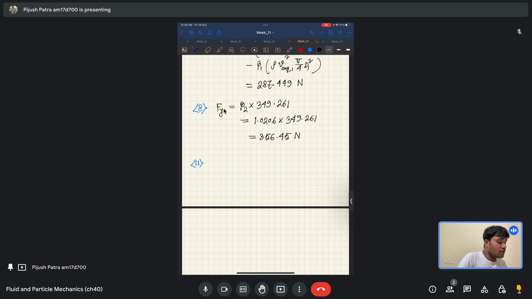So let me calculate the kinetic energy correction factor for the inlet. Okay, so the kinetic energy correction factor at the inlet, what will be that?